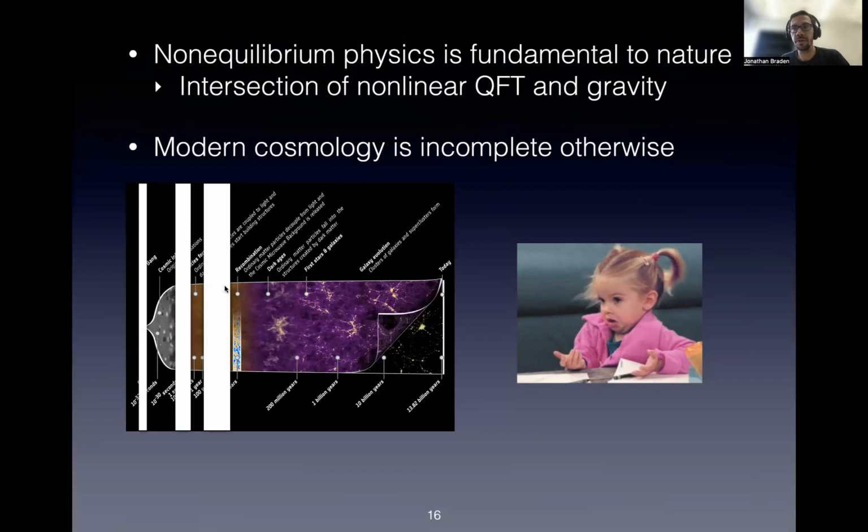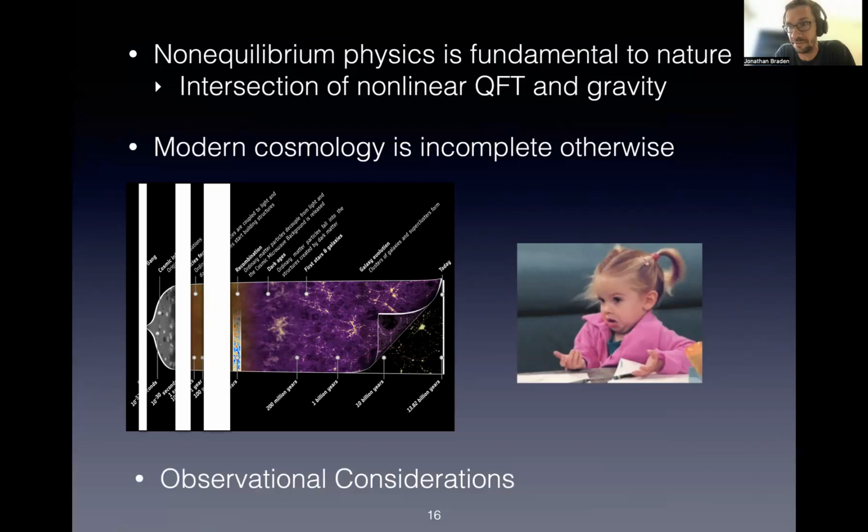Okay, and closely related to that, there are observational considerations for why we should try and understand these regimes of strongly nonlinear behavior in the universe, and that's because they can leave observable imprints that are very different than the ones that we get from standard inflation. Okay, so because they're nonlinear, they tend to be non-Gaussian signatures, which is beyond the standard inflationary prediction. And you can also get interesting gravitational wave signatures and this sort of thing.